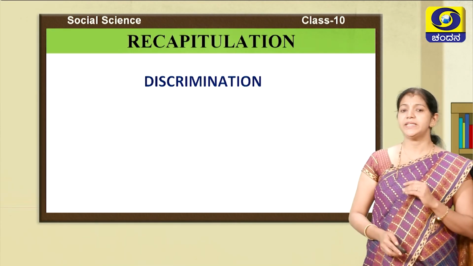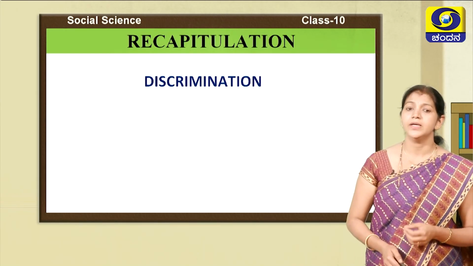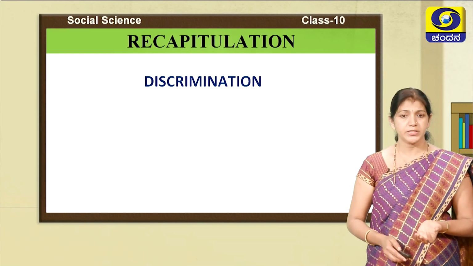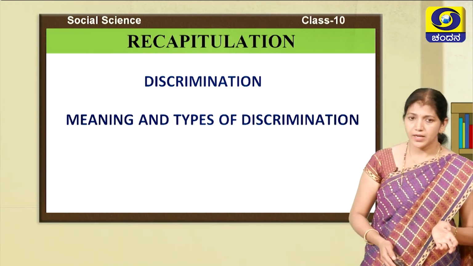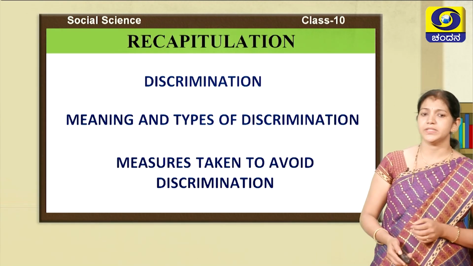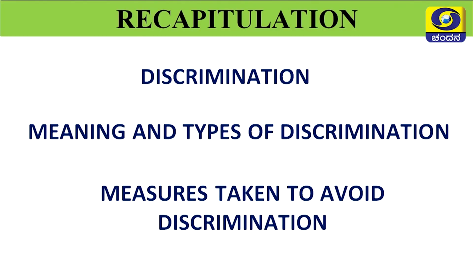Three types of discrimination you learnt: caste-based discrimination, gender-based discrimination and regional inequality. What is the meaning and type of discrimination, and which measures are taken by the government to avoid discrimination in society.